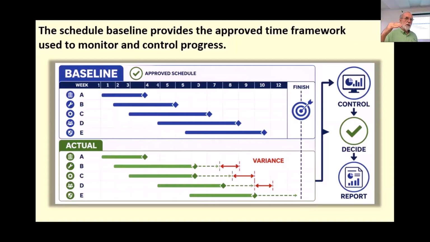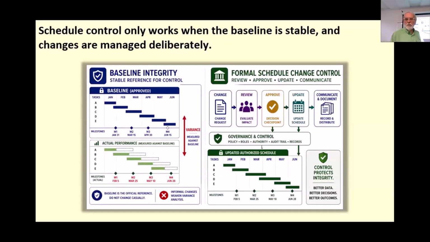If we have enough change going in that we're not really confident in our baseline anymore, we may want to re-baseline. A useful way to think about the baseline is that it gives the project a disciplined time reference. It allows the team to compare actual results to planned and interpret schedule performance meaningfully and manage changes with more confidence. Schedule control only works when the baseline is stable and changes are managed deliberately.